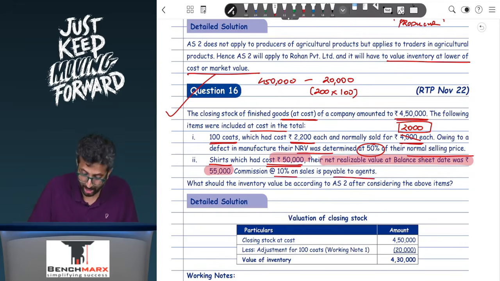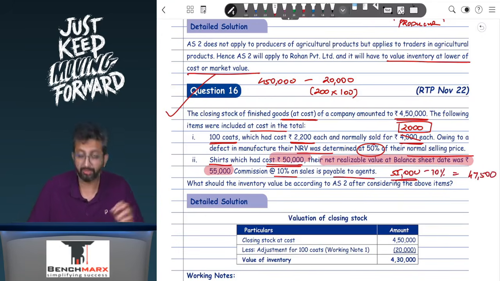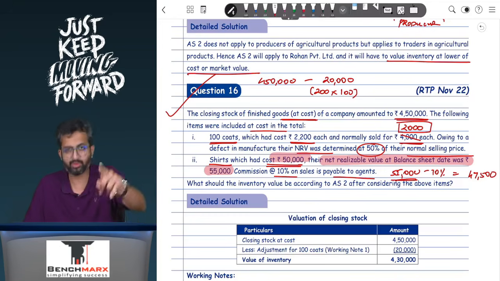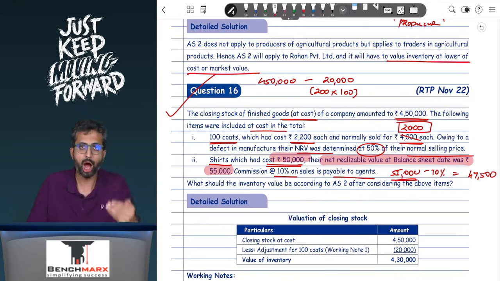Generally your temptation would be to say 55,000 minus 10%, that is 49,500. Now the problem over here is, if 55,000 was given to you as a selling price, yes, from that you will subtract the sales commission. However, if 55,000 is specifically given to you as NRV, then the selling commission, if any, has already been deducted and hence you don't need to deduct anything again.